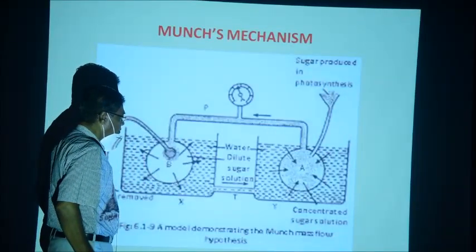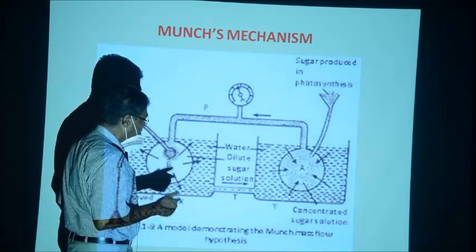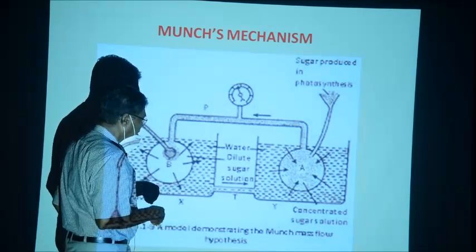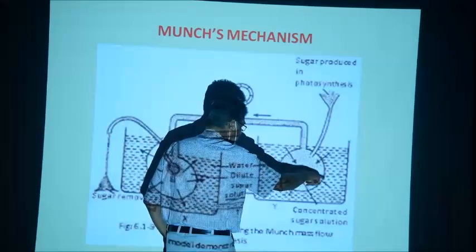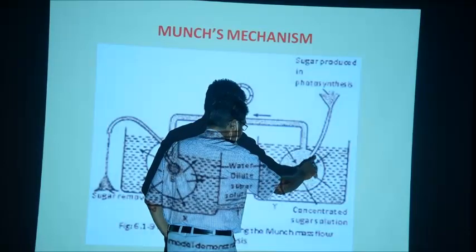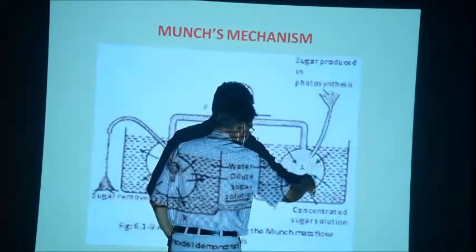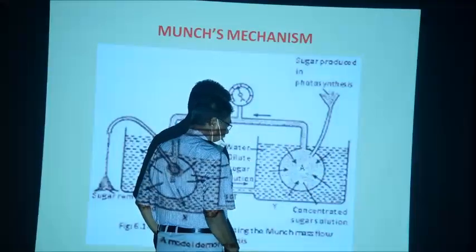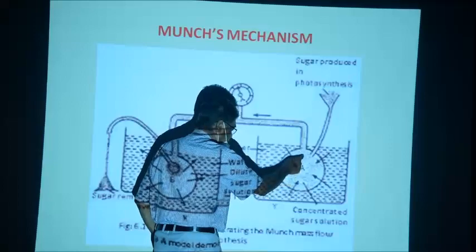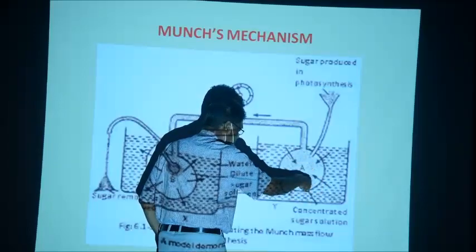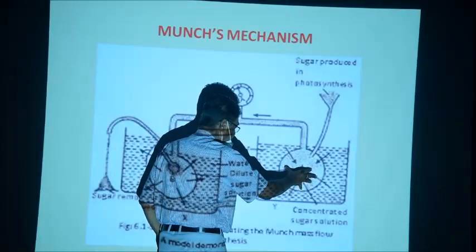This is mass flow. I will explain it one more time through another diagram. This is a vessel in which sugar concentration is increasing. This is water. When the sugar concentration increases, by endosmosis water enters in, because this is a semi-permeable membrane, and the turgidity of this increases.